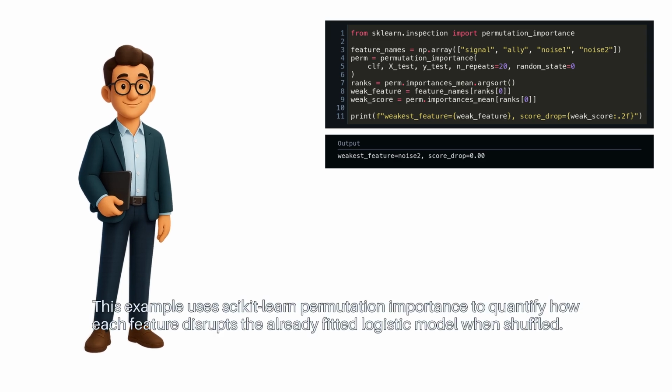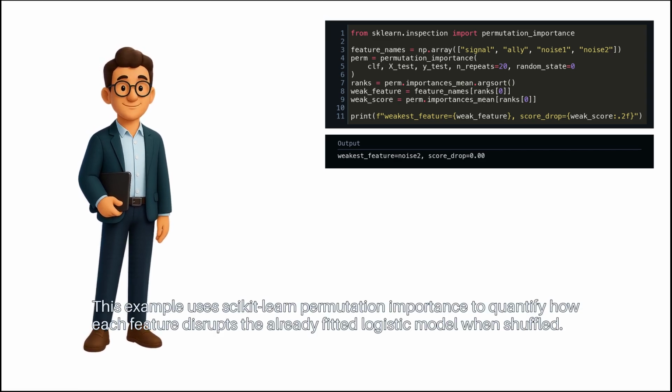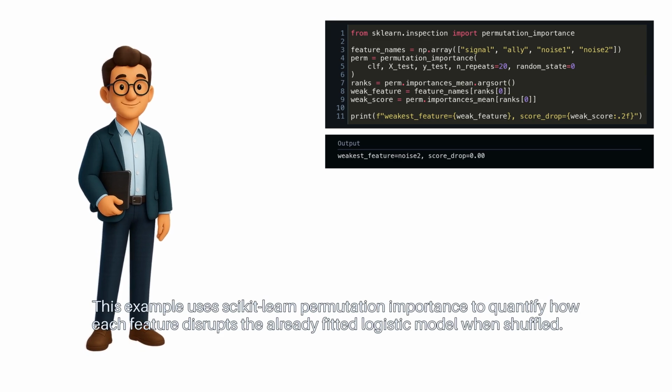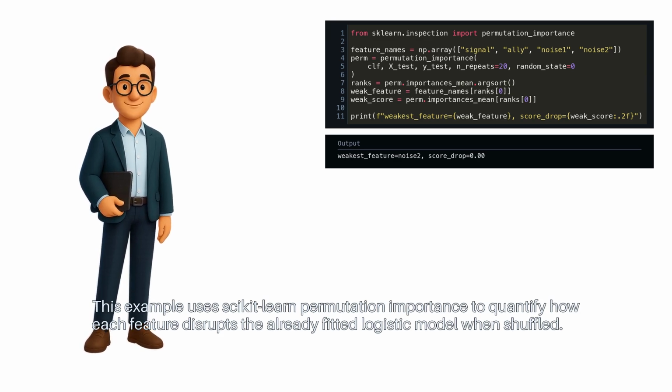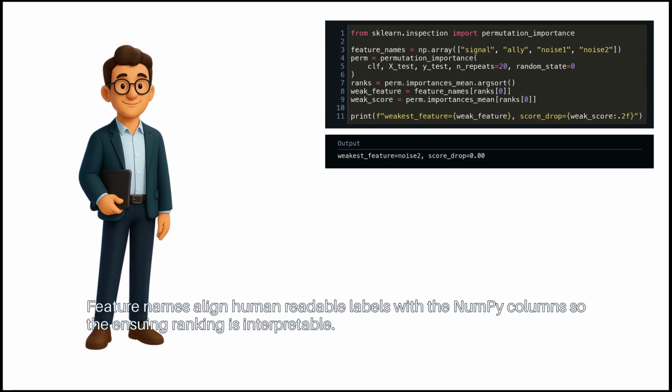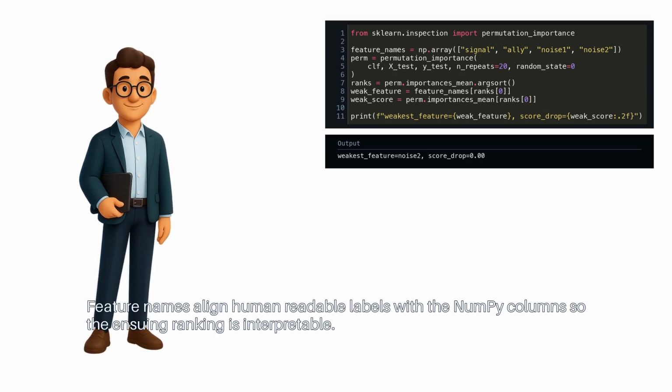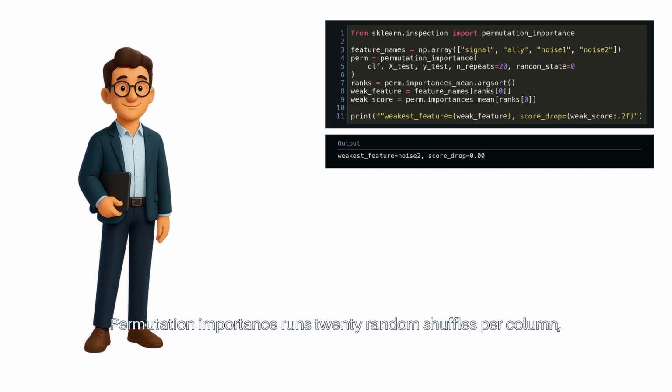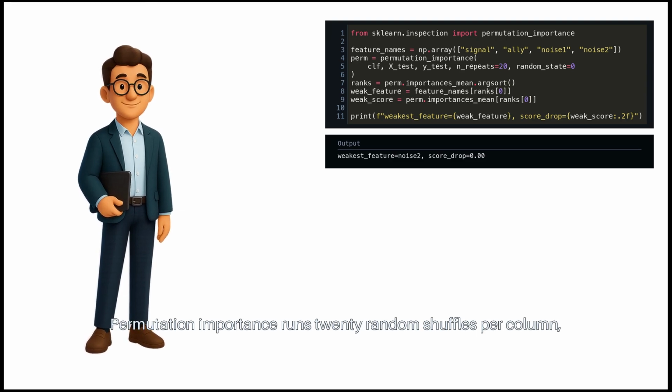This example uses scikit-learn permutation importance to quantify how each feature disrupts the already fitted logistic model when shuffled. Feature names align human-readable labels with the NumPy columns, so the ensuing ranking is interpretable. Permutation importance runs 20 random shuffles per column.